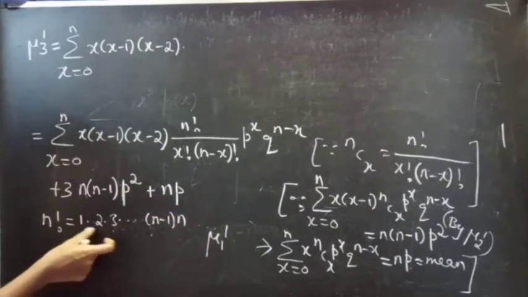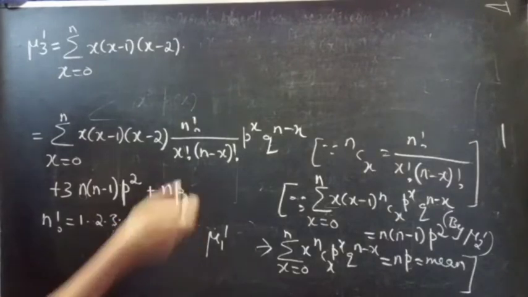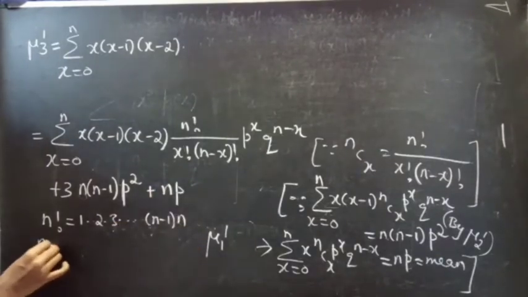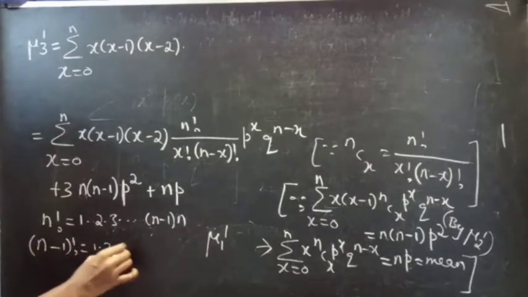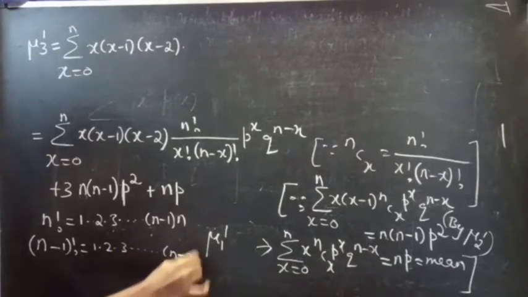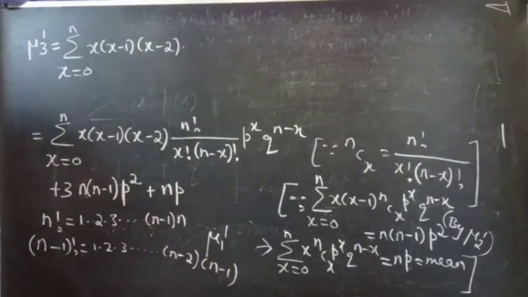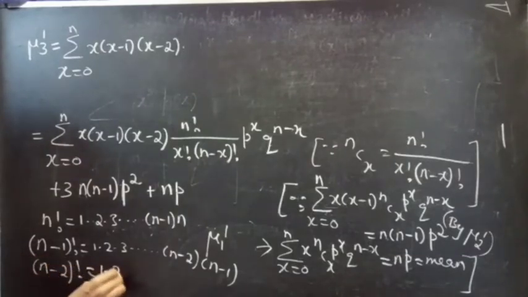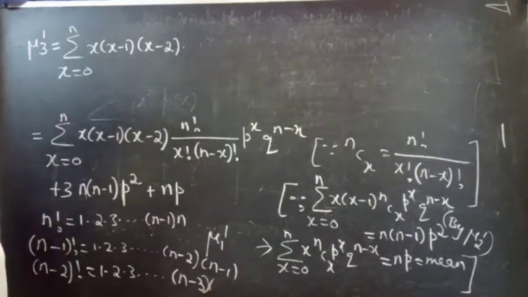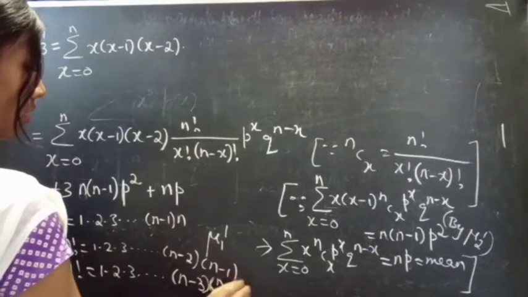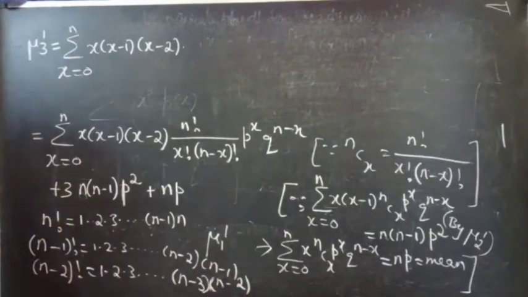Since n factorial equals 1 into 2 into 3 into so on into n minus 1 into n, then what will be n minus 1 factorial? n minus 1 factorial will be equal to 1 into 2 into 3 into so on n minus 2 into n minus 1. Okay. Likewise, n minus 2 factorial equals 1 into 2 into 3 into so on into n minus 3 into n minus 2. Okay.